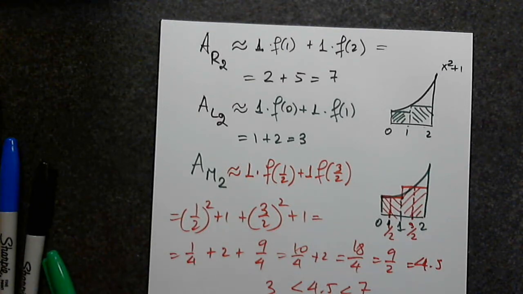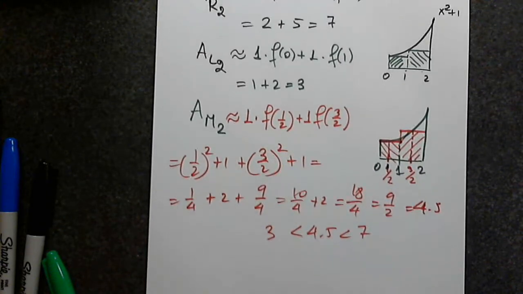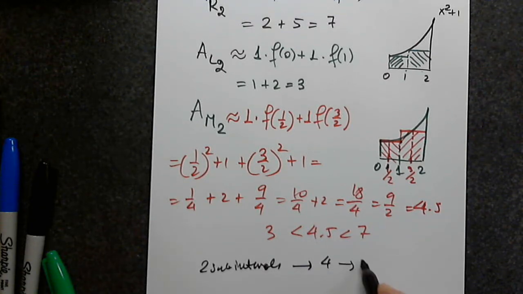Okay, so now here's my question. What if I go from 2 subintervals to 4 subintervals? Do you think that I get a better approximation with 2 subintervals, I know it's a silly question, or the 4 subintervals? 4. Okay. What if I go now to 8?